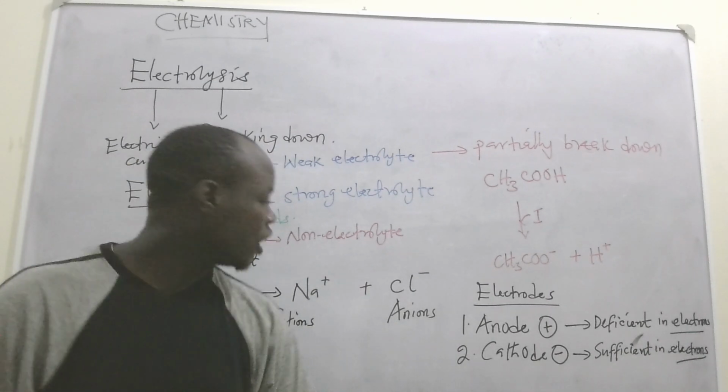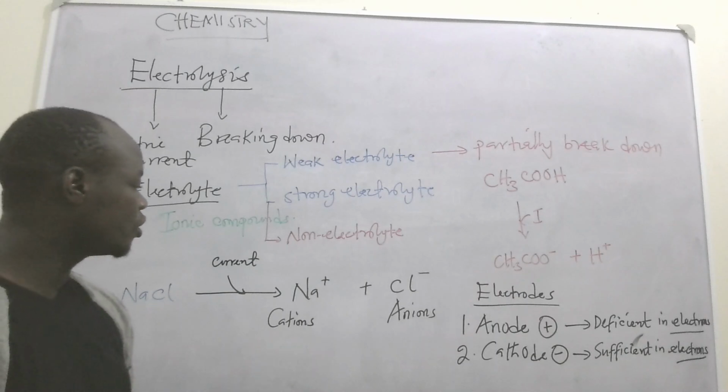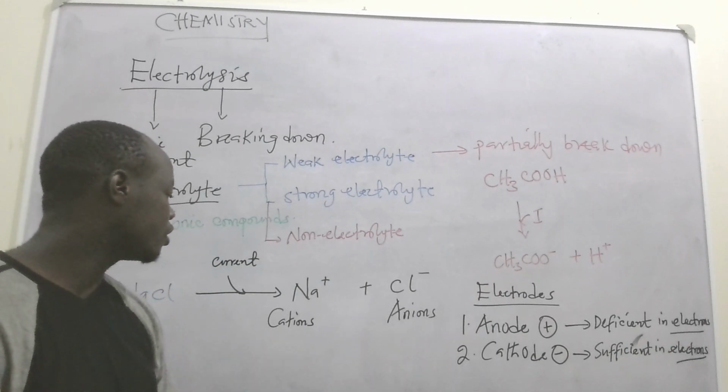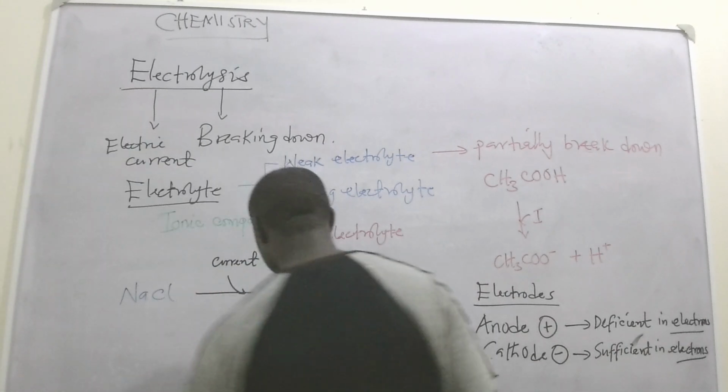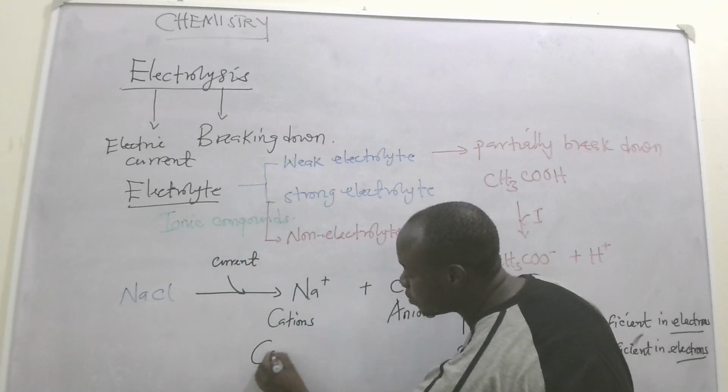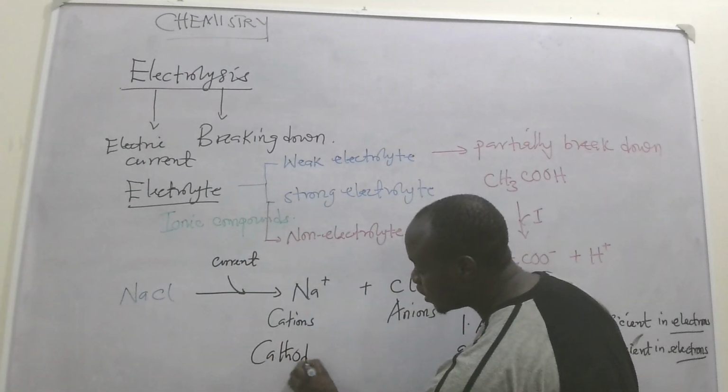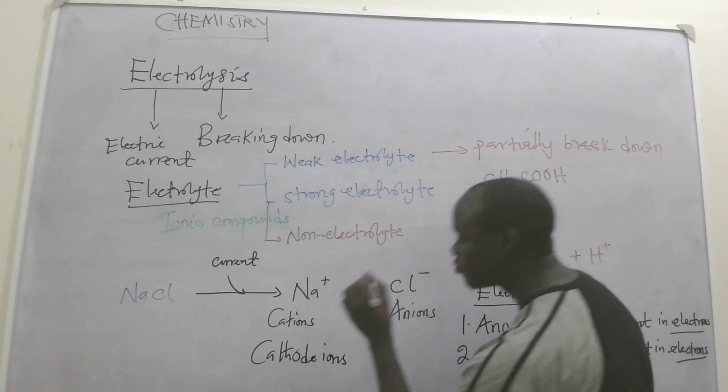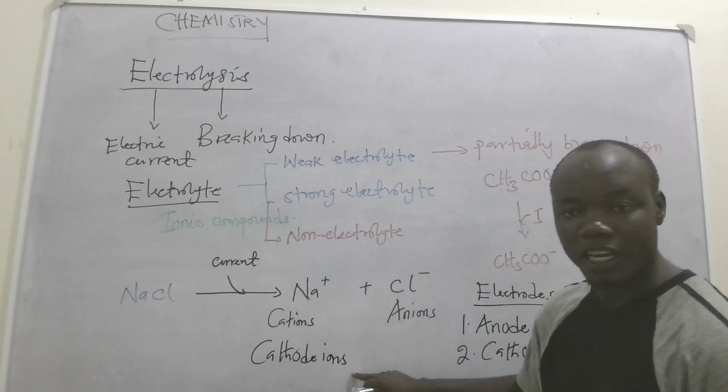As we said, we have cations and anions. Cations, in some cases, we call them cathode ions. Why are they called cathode ions?